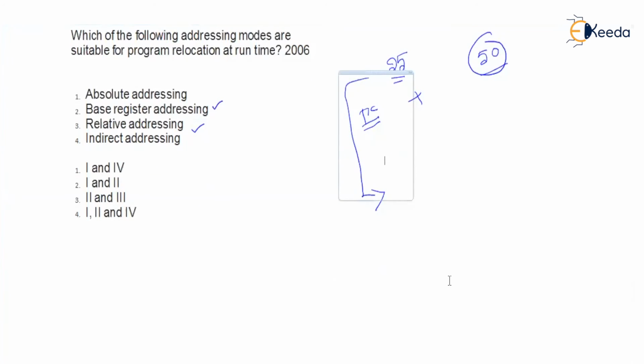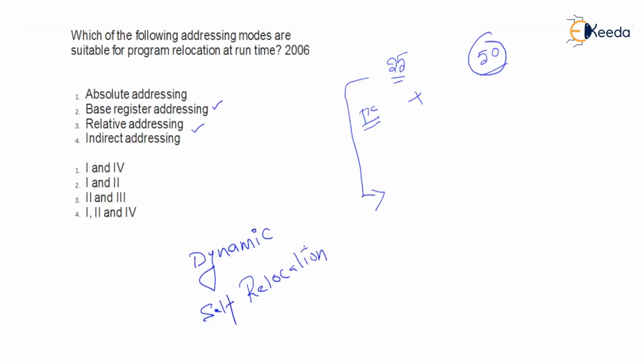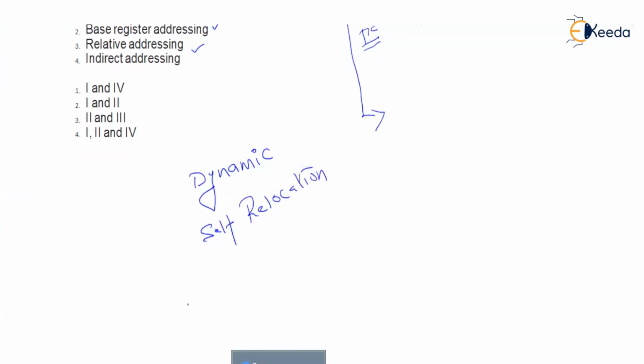So you can be asked like: the addressing mode that supports dynamic relocation, the addressing mode that supports self relocation, the addressing modes that support position independent code. Okay, and all are one and the same.